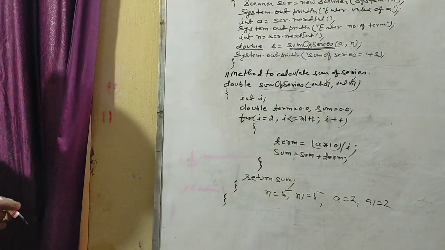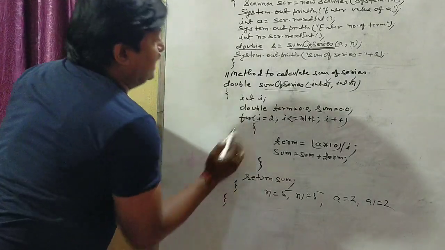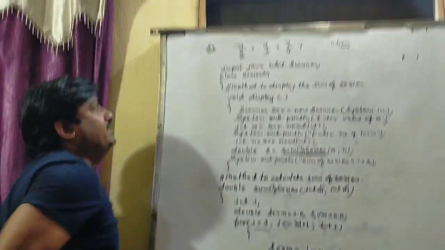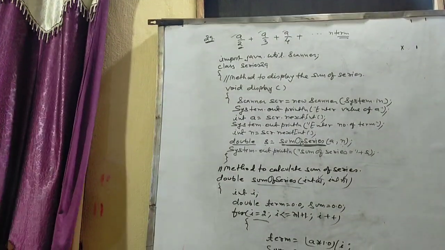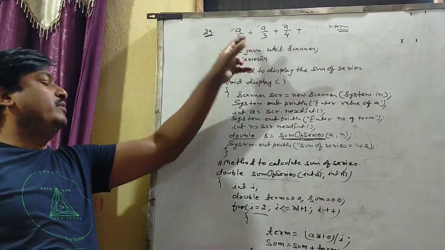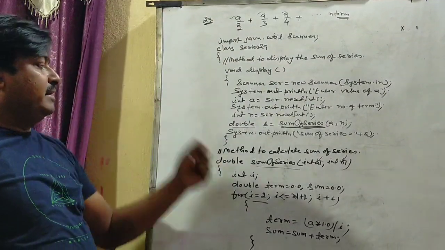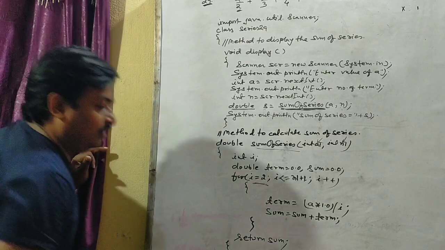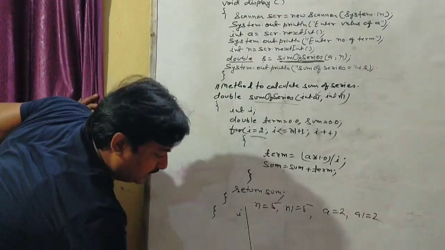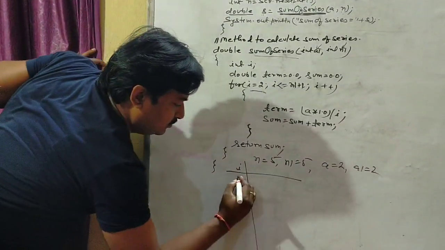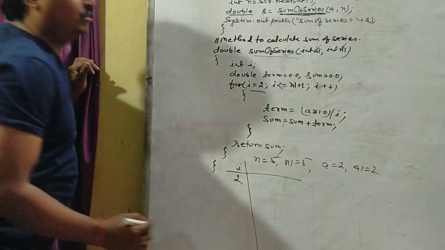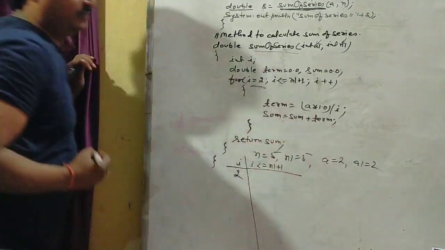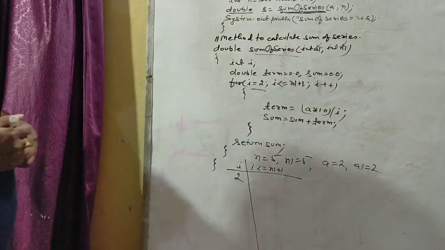Now see, i starts from 2, because the sum starts from 2. That's why we have started i from 2. Now i equal to 2, and the condition is i less than or equal to n1 plus 1. Why n1 plus 1?